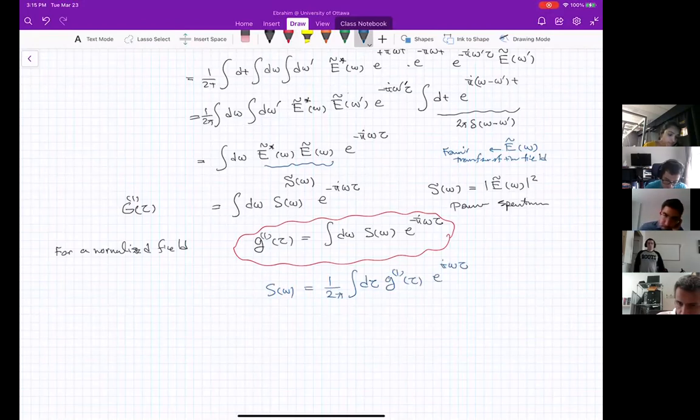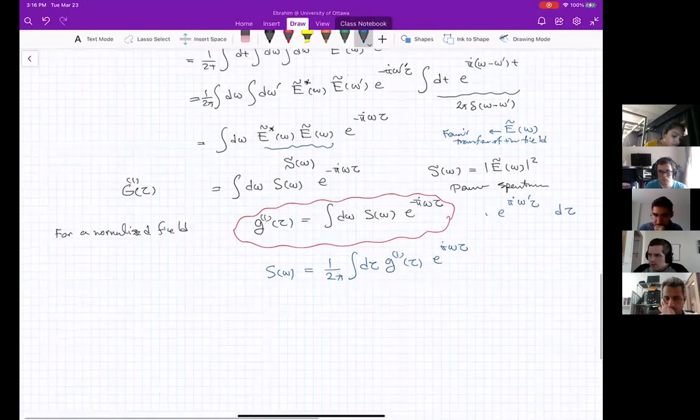Do you know how I got that? I multiplied both sides by e to the power of i omega prime tau, and I did the integral on d tau. If you do that, you inverse the Fourier transform, and you get the power spectrum in terms of the coherence length. This is a very useful technique, by the way. It's purely classical, but people use it in the laboratory.